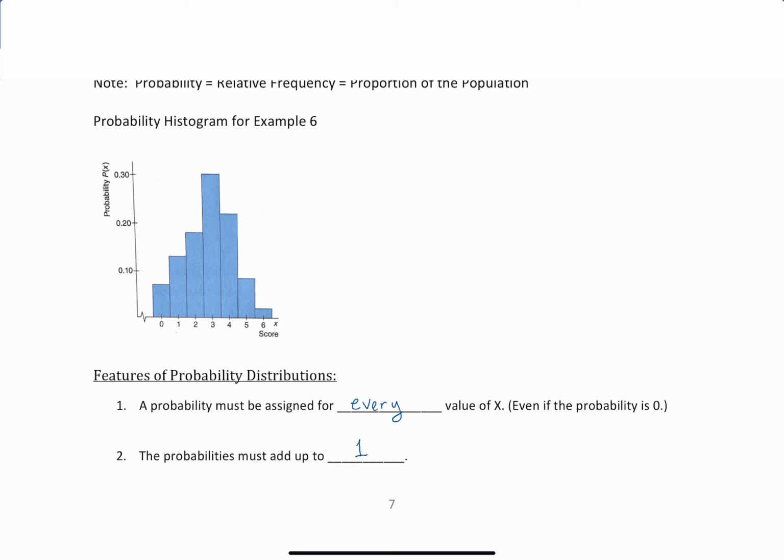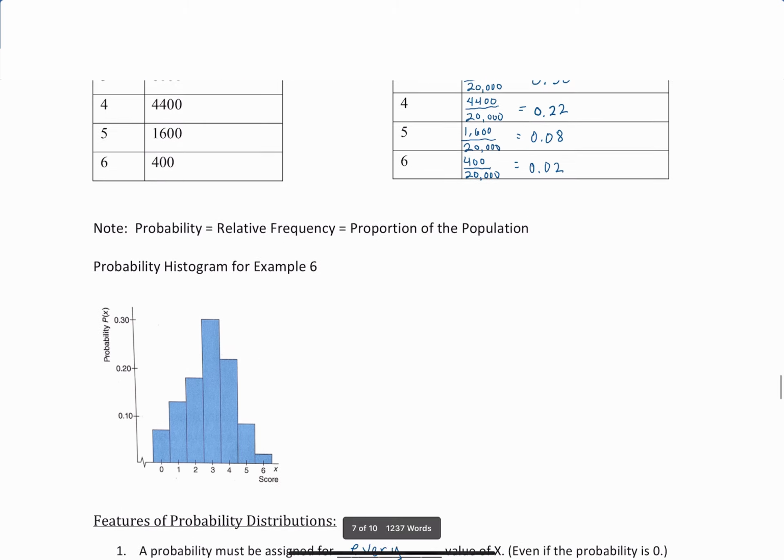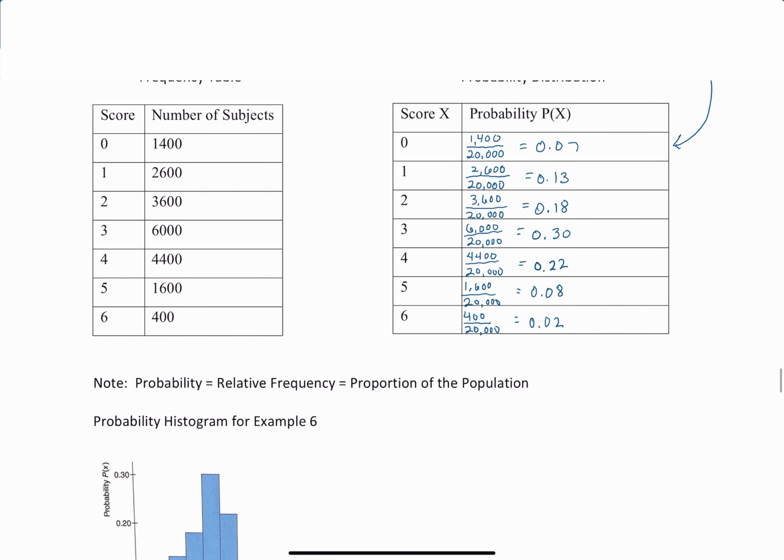And by the way, that's a good check when you're making a probability distribution, is to just double check that indeed they do add up to 1. So I'm going to check that right now for ours. And yep, sure enough, they add up to 1.0.